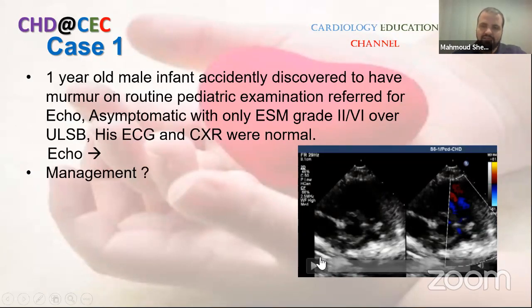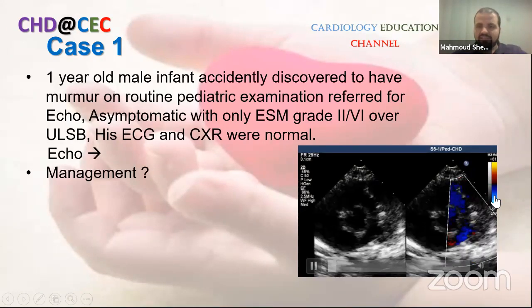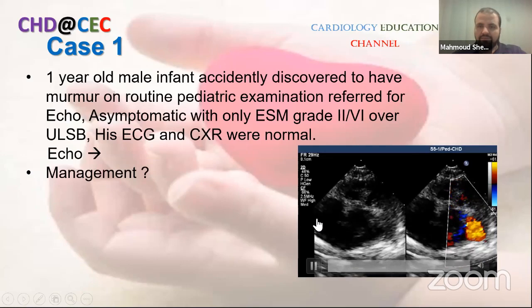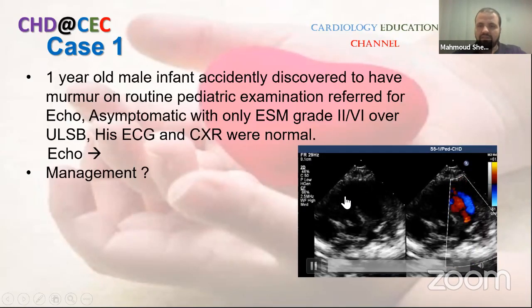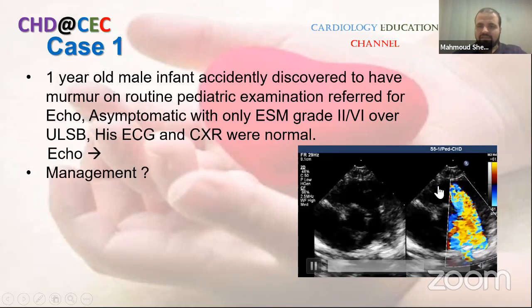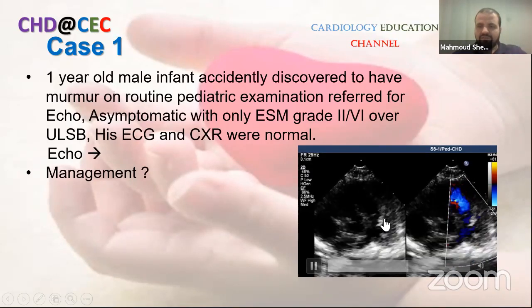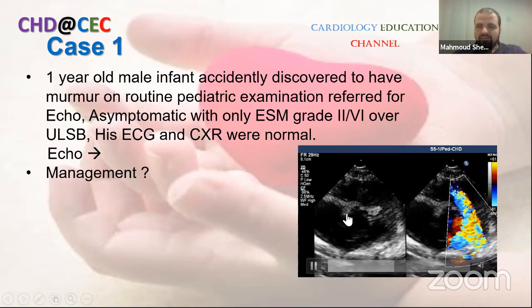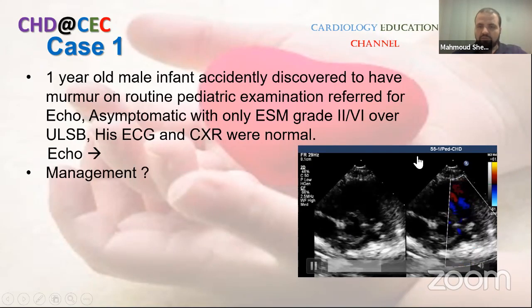I just chose the views of interest for the diagnosis. This is a parasternal short axis view. Here we have the RA, the tricuspid valve, the RV inflow, and this is the RV outflow. This is the pulmonary valve level, and by the way, this is the aorta in short axis.